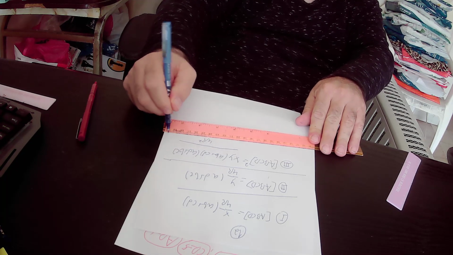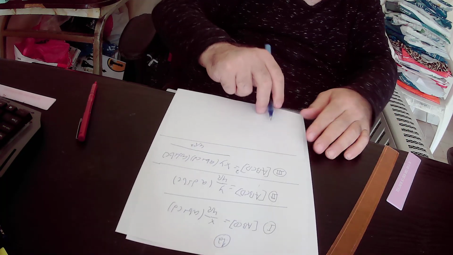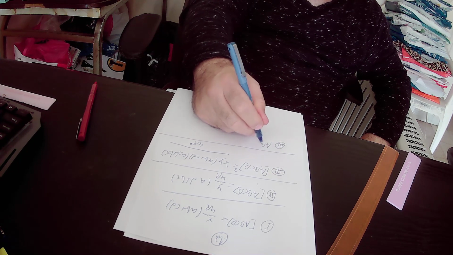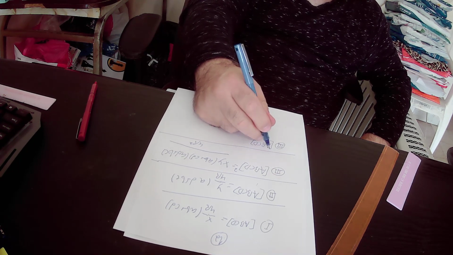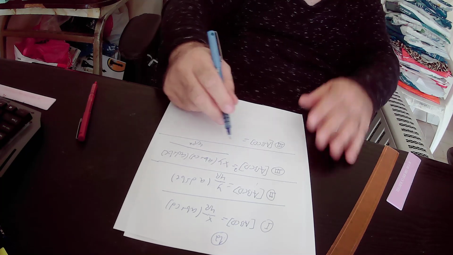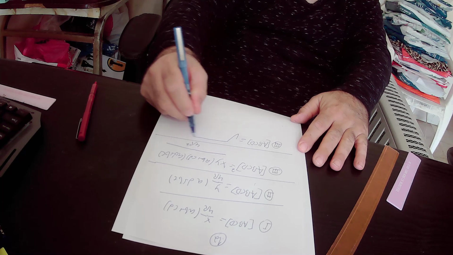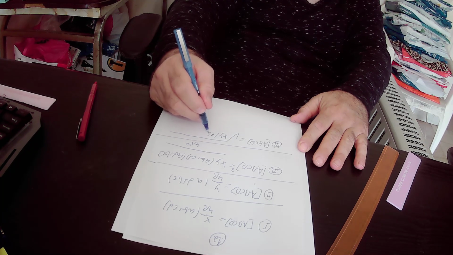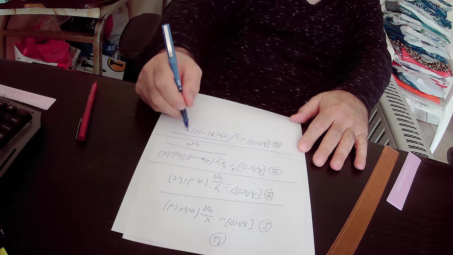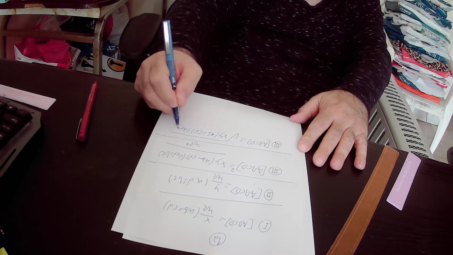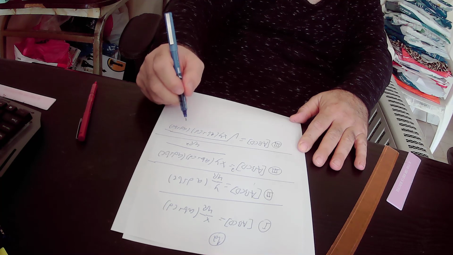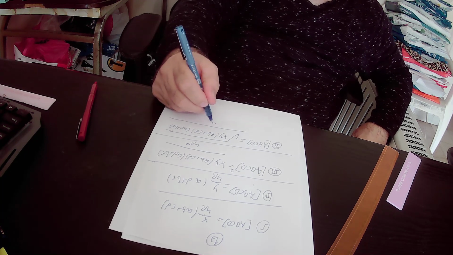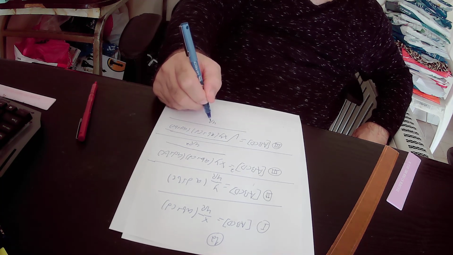Here we will take a root of equation number 3, and we will get that the area of quadrilateral ABCD equals the root of the numerator, xy times AB plus CD times AD plus BC, over the root of 4R squared, which is 4R, because the root cancels the square, and what is left is 4R.